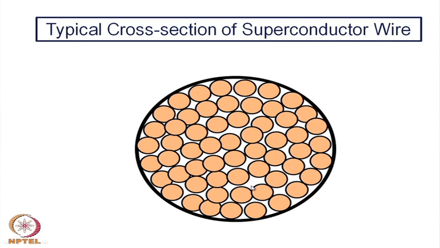There are some void spaces, white regions, and the darker or colored regions are basically single wires. They have been put in a matrix of metallic copper. So, all the superconductor cables which are normally fabricated have single strand wires embedded in a matrix of copper. Now, copper of course is not a superconductor, but it has very good thermal conductivity.